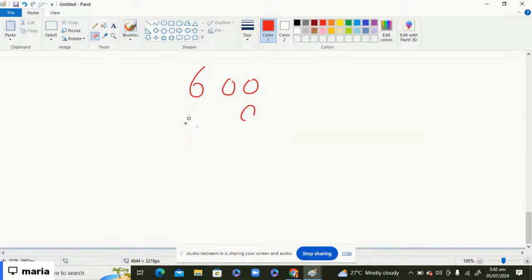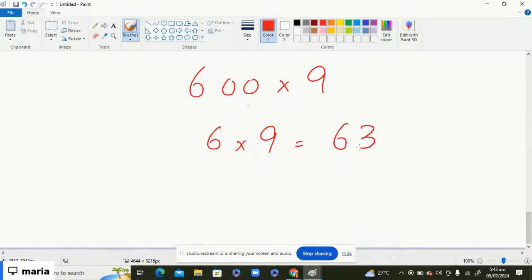First of all, just taking the simple numbers in both of them. I'm just going to take 6 and 9 together. That is 63. And how many zeros with it? 1 and 2.